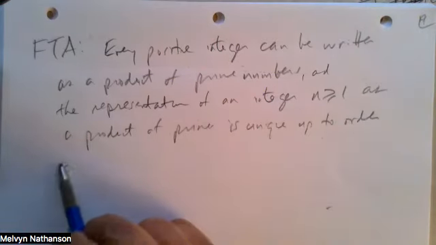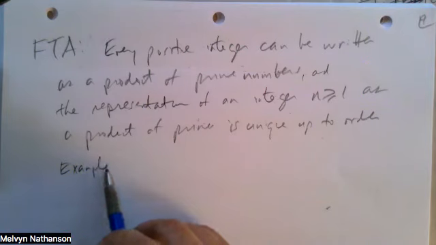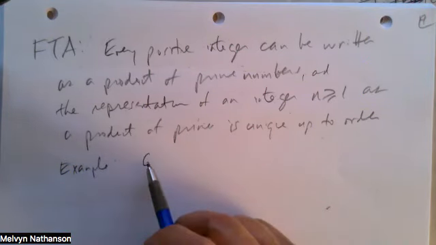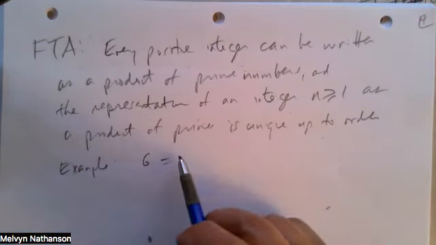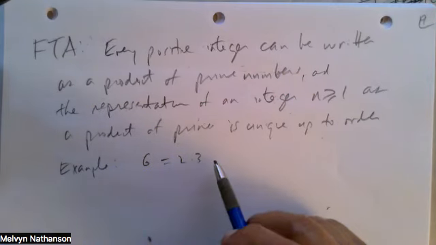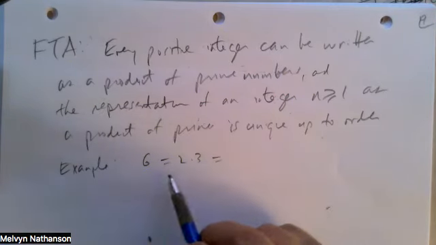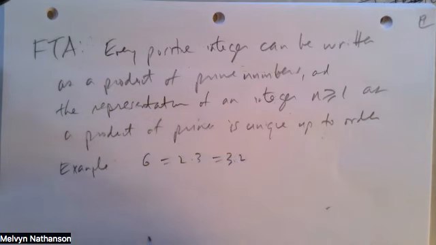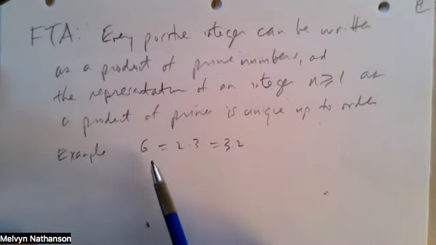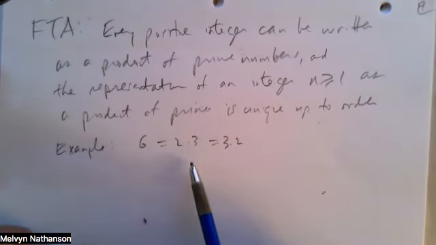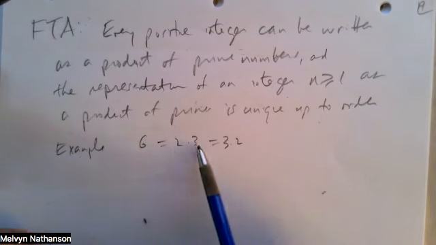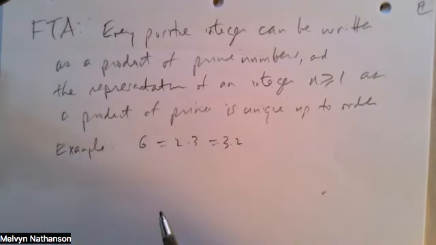For example, 6 is composite. And you can write 6 as a product of the prime 2 and the prime 3, or you could reverse the order. 6 is also 3 times 2. But no matter how you write 6 as a product of primes, there will always be one 2 and one 3 in one order or another.